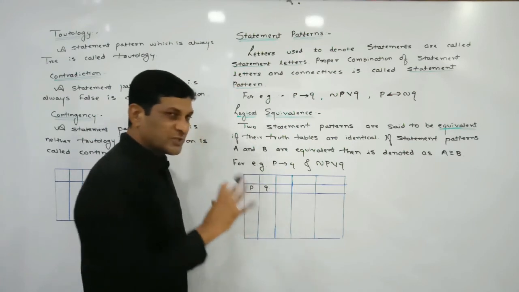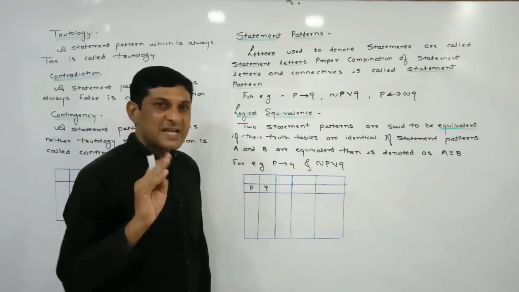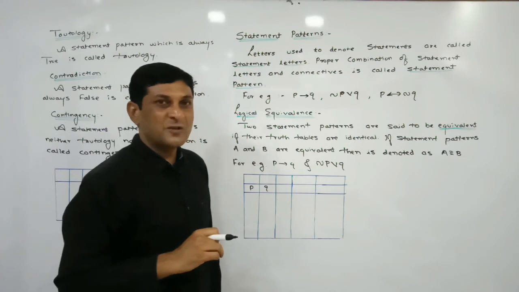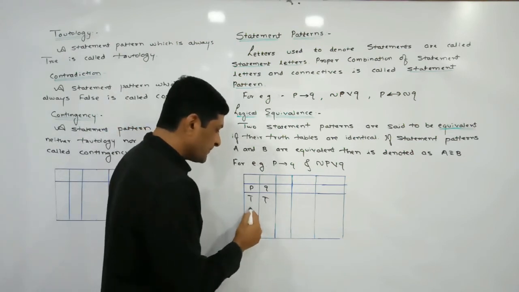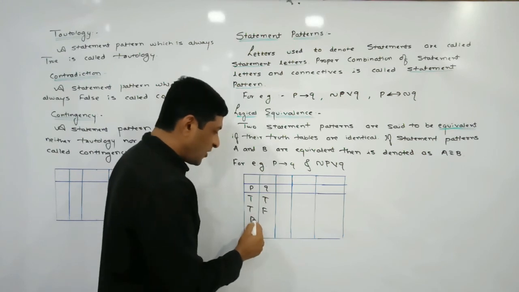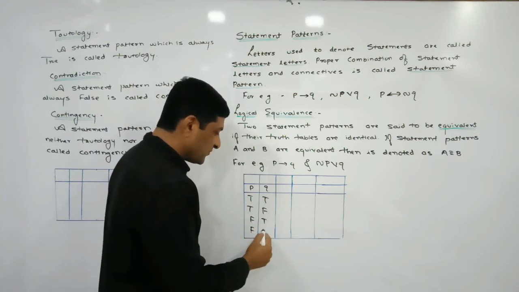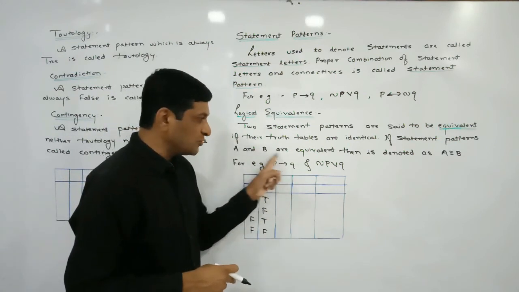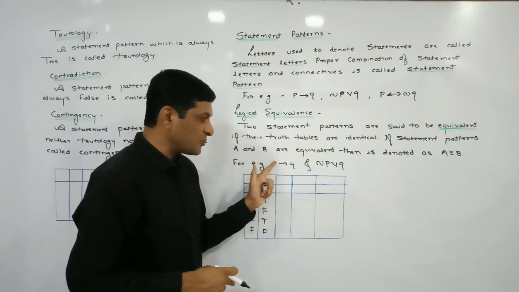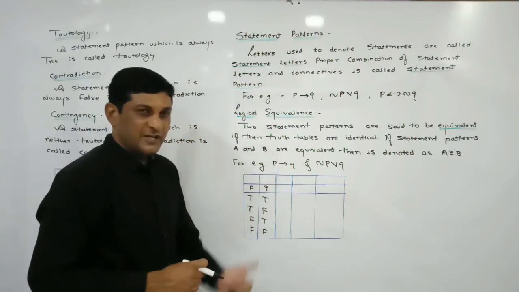We know that if two statements are under consideration, how many possibilities of truth values are there? Four possibilities. Which are these four? True true, true false, false true, false false. If you observe both statements here, to find the truth value of P implies Q, we will require the truth values of P and Q, which are already known to us.